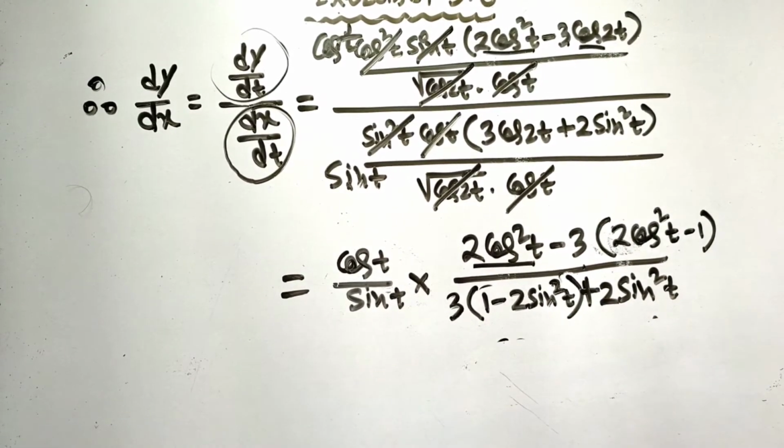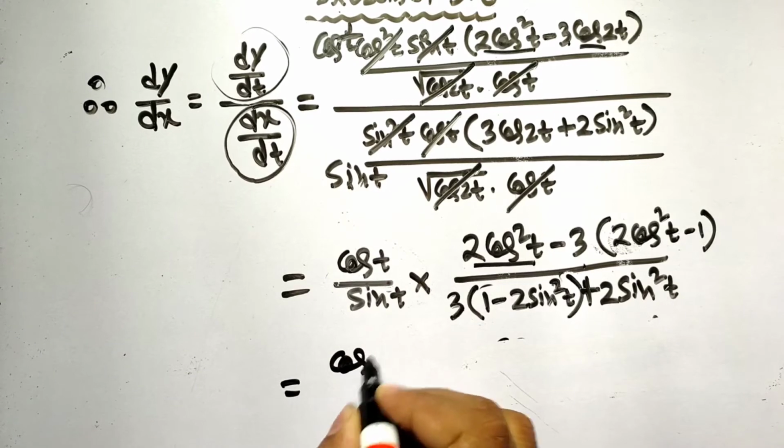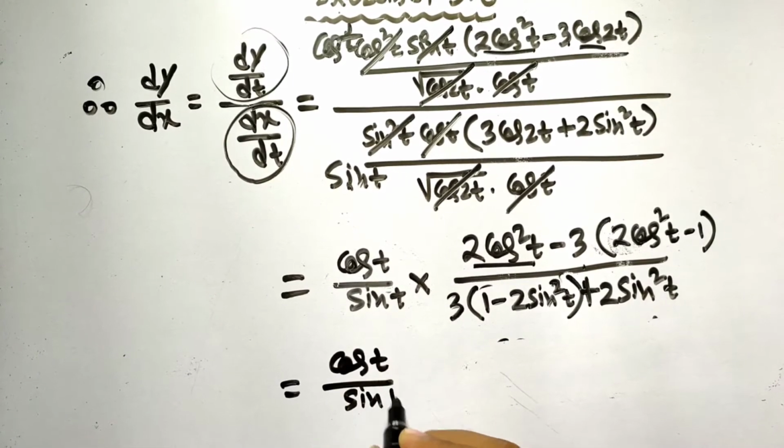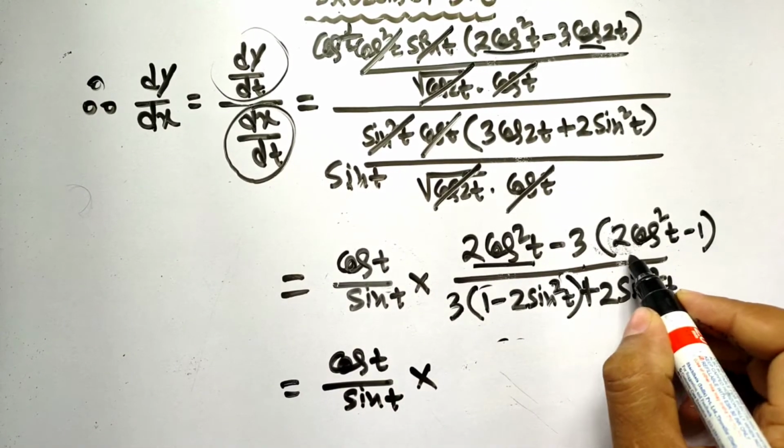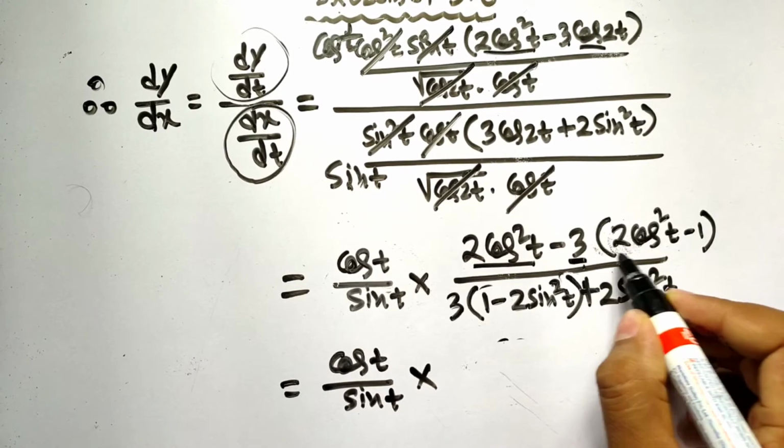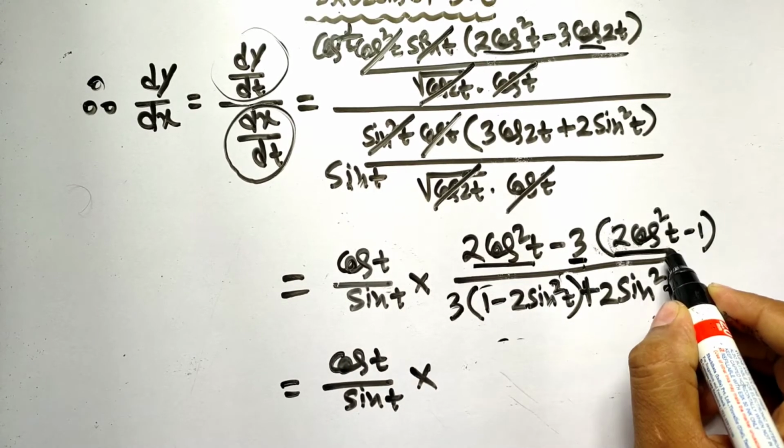Now just simplify cos t by sin t into, look student, minus 3 into 2 cos square t, that is minus 6 cos square t, yes or no?